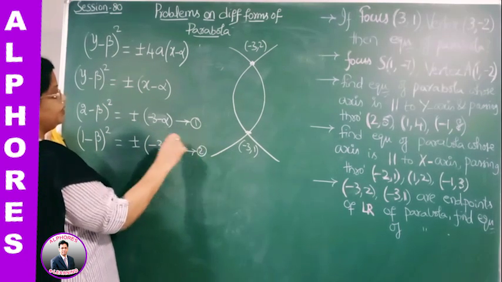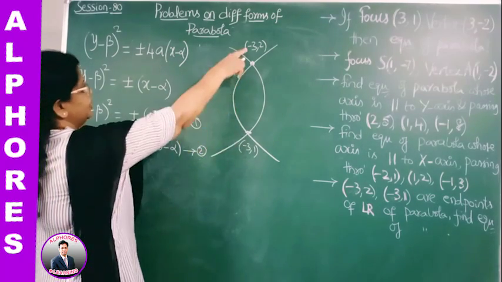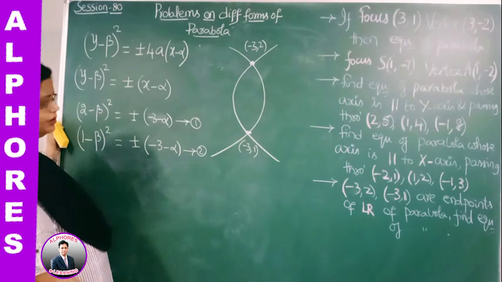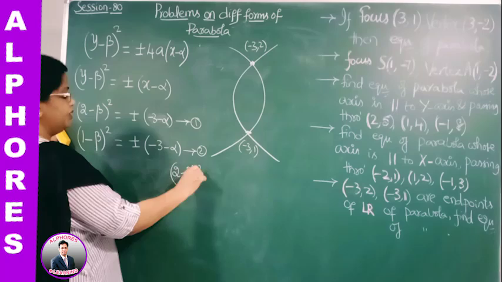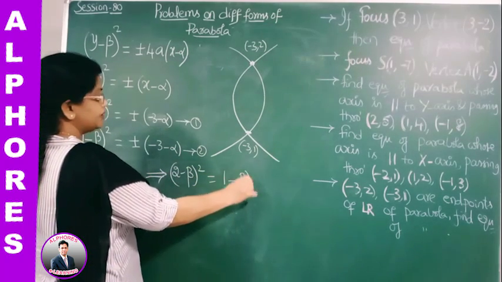Okay, now these two right-hand sides are one and the same because of the same abscissa. Therefore let us equate these two values. If I equate them, 2 minus beta whole square is equal to 1 minus beta whole square.